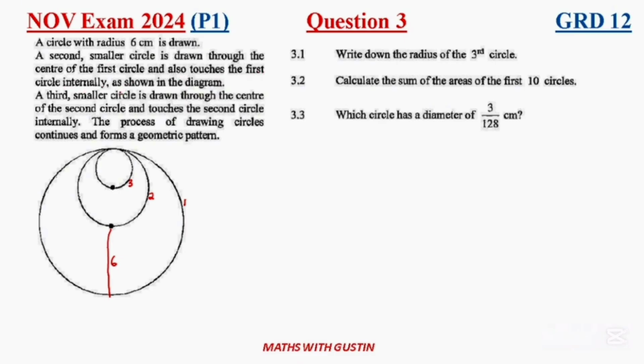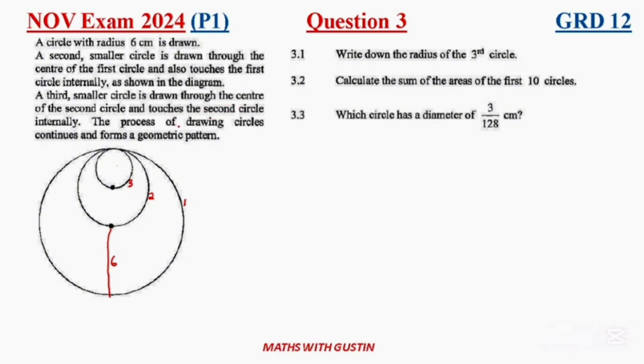Okay, there you go, as shown in the diagram. A third circle is drawn through the center of the second one, and touches the second circle internally.